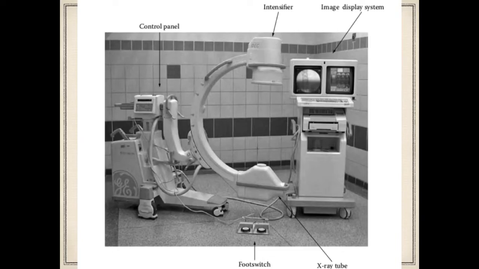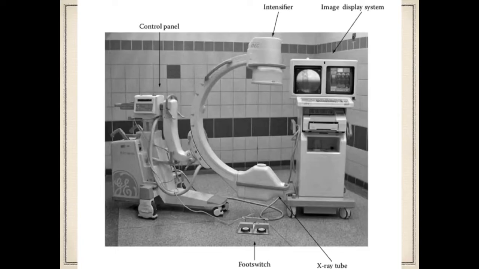Other important components are the workstation or the control panel, which houses a lot of switches. We'll talk about these in detail a little bit later. Then you've got the image display system, which normally has two screens and a keyboard, and often is attached to a printer or other devices used for storing images.